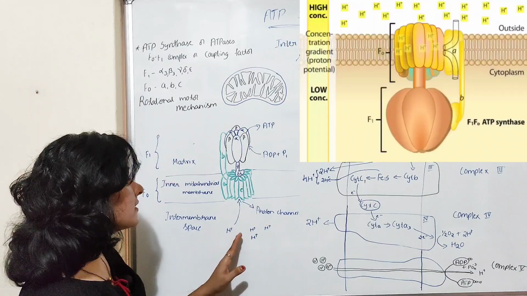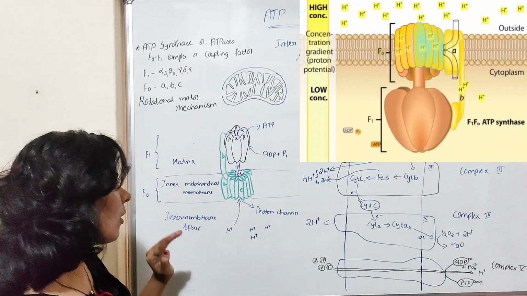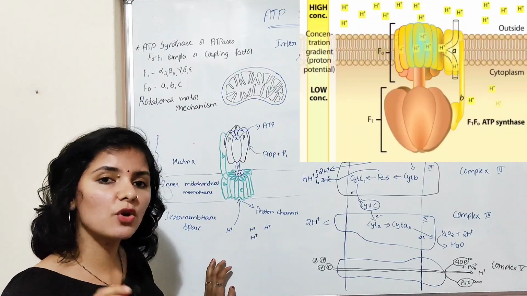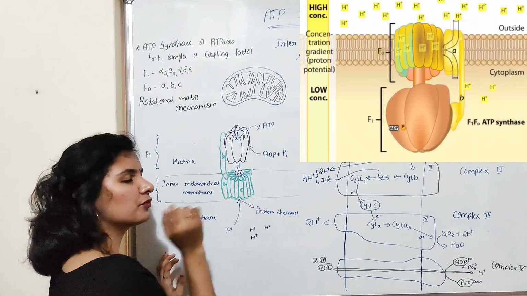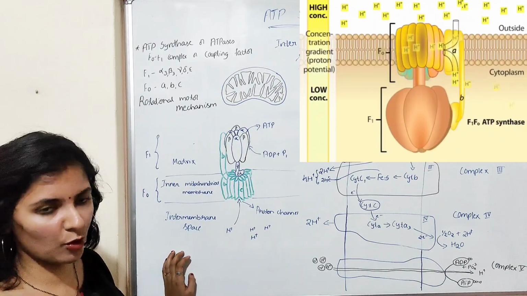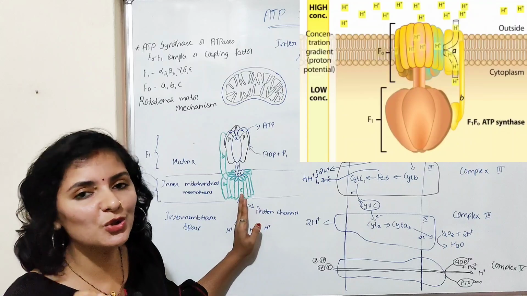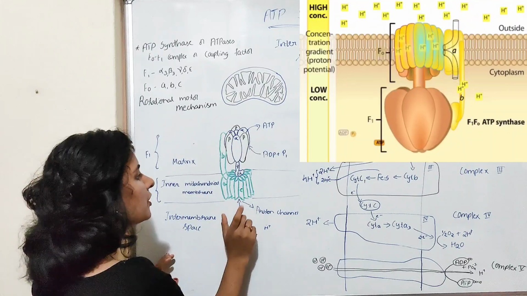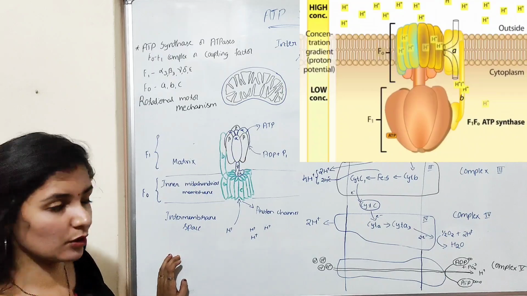When the proton passes through the proton channel or rotor ring of the F0 complex, the proton motive force which is already created will bring about the rotation of this C ring of the F0 complex.